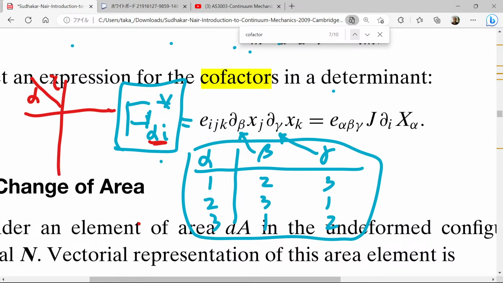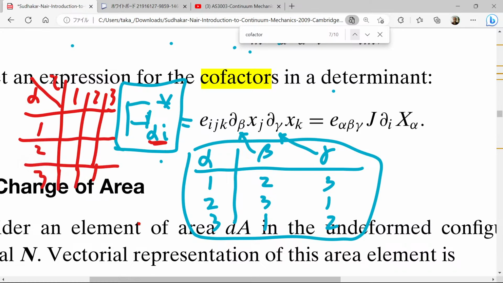So I can be 1, 2, 3. Alpha has to be 1, 2, 3. Yeah. So you can specify all 9 cofactors.